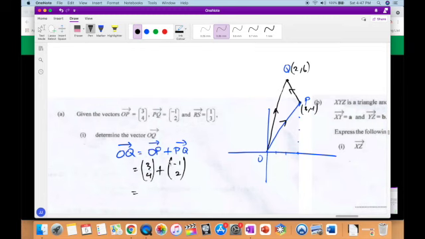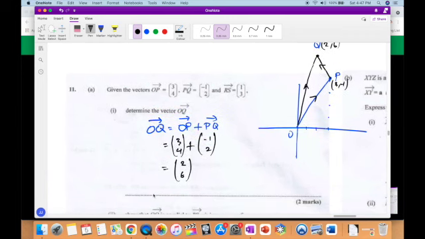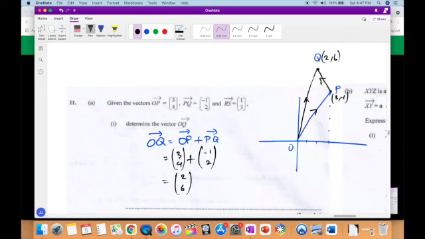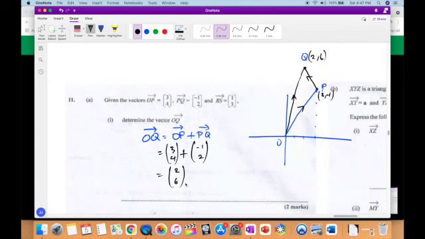So 3 minus 1 is 2, and 4 plus 2 is 6. So you see, I used this graphical method, which is not the vector method, but because I know my work so well, I used the graphical method and I found the point Q way before. And now I use the vector method, where I use triangle law or parallelogram law or one of those things to get the point 2, 6.